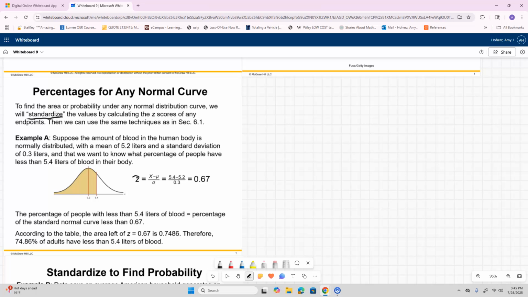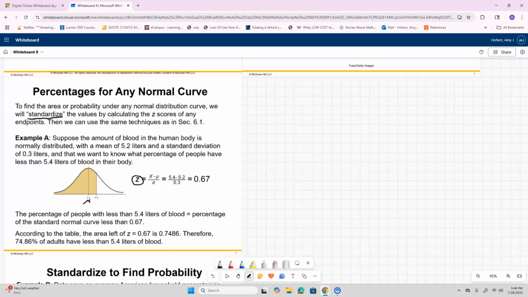So what we're saying by doing this calculation with finding the z, instead of knowing that the mean is at 5.2 and trying to figure out how much above average this is, like in this case 5.4 is above 5.2, we want to know how many standard deviations we are above.